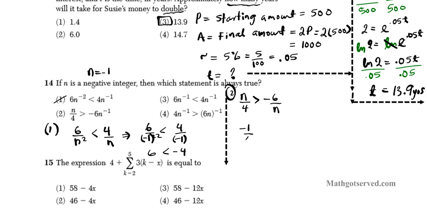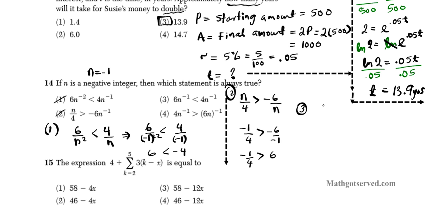So it's -1 over 4 greater than -6 over -1. So is -1/4 greater than a positive number 6? Absolutely not, because this number is negative and this is positive. So we see that this is wrong. All right, let's shift our attention to number 3.